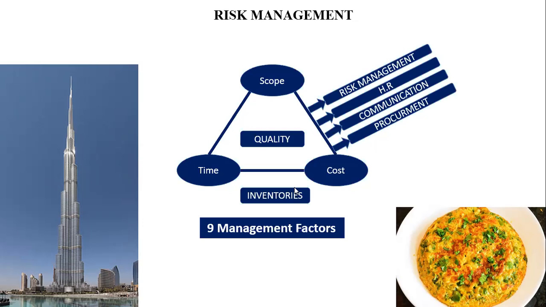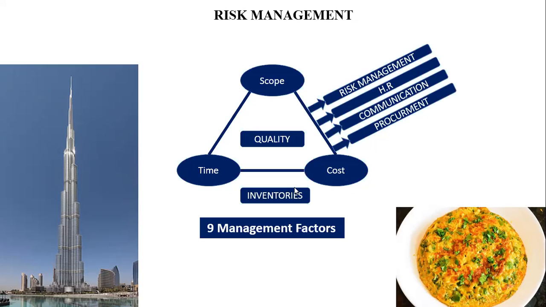For a simple omelette, with a budget of around 10 rupees, we are having so many risks, right? Are you seeing the building in the other corner of your slide? Yes, sir. What is that building called? Burj Khalifa. What is it? Tallest building on earth.